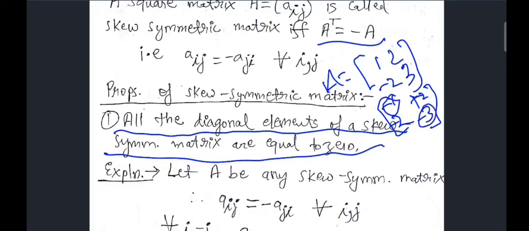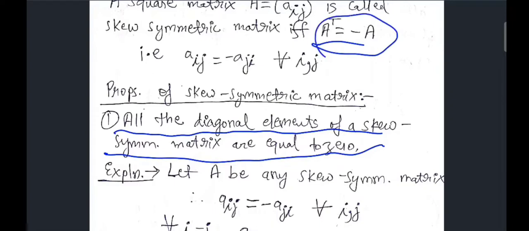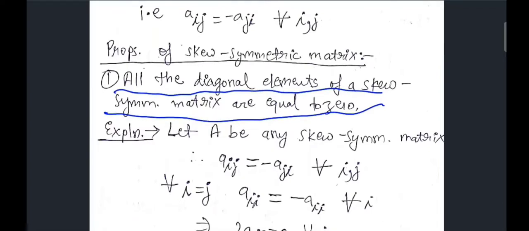But if I put them equal to 0, then only the off-diagonal elements are interchanged. That is why the principal diagonal elements of a skew symmetric matrix must be equal to 0, so that the condition A transpose equals minus A is satisfied.